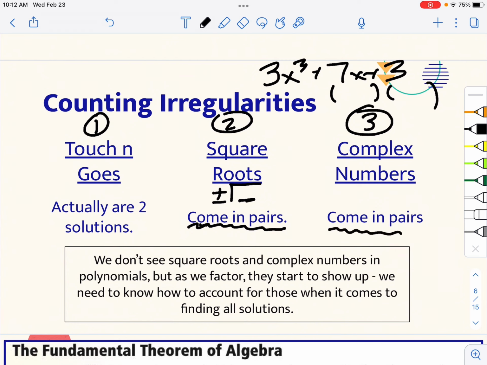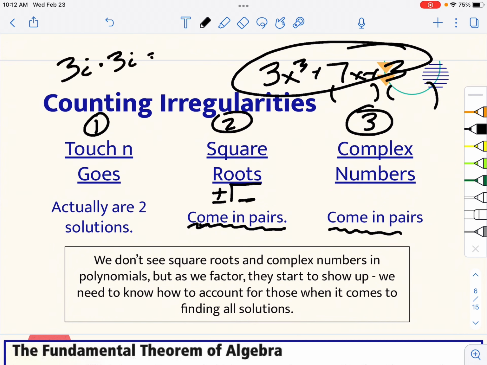Complex numbers have to come in pairs, because you guys know if we have 3i times 3i, that's 9i squared, and this would simplify just to negative 9. That i squared is negative 1. So our complex numbers have to come in pairs in order for them to not show up in our polynomial.